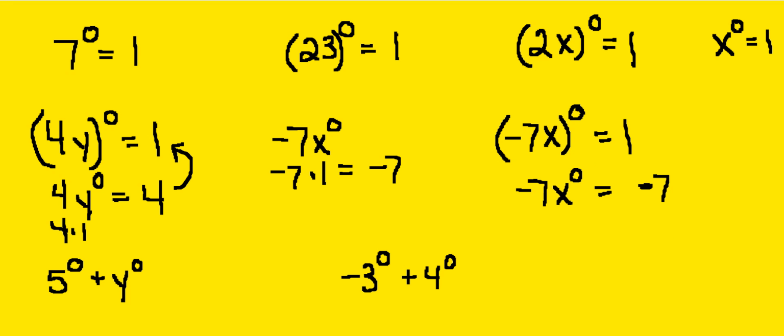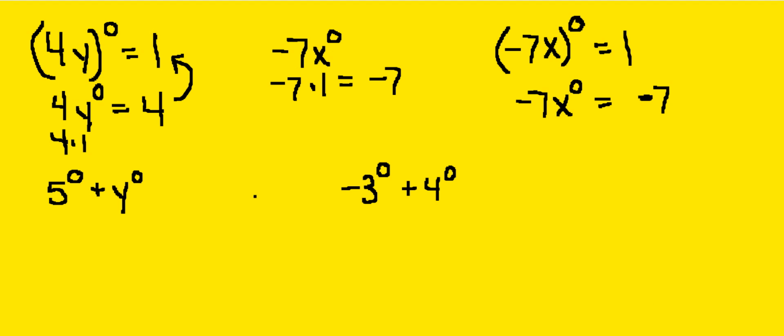Couple more little problems here for us to think about. 5 to the 0 equals 1, plus y to the 0 equals 1. So therefore 1 plus 1 is 2. How about this one? Negative 3 to the 0. I don't have parentheses here, so this is like 3 to the 0 power, which is 1.